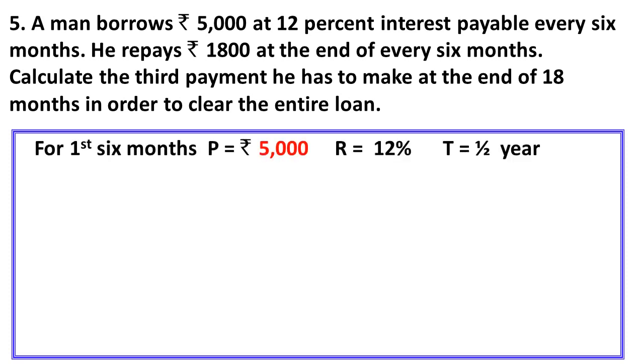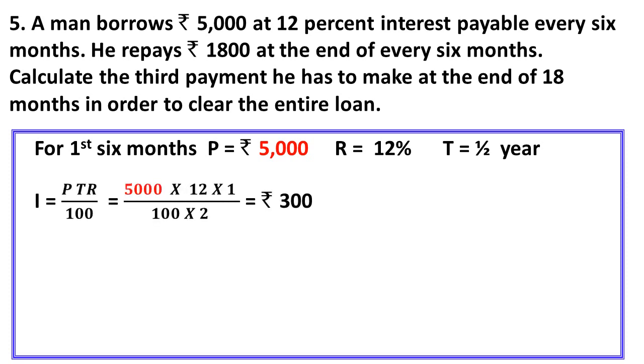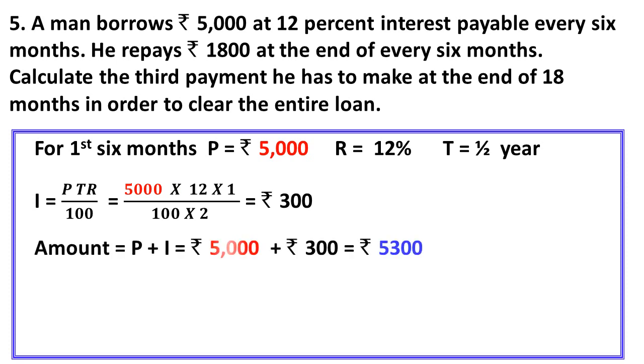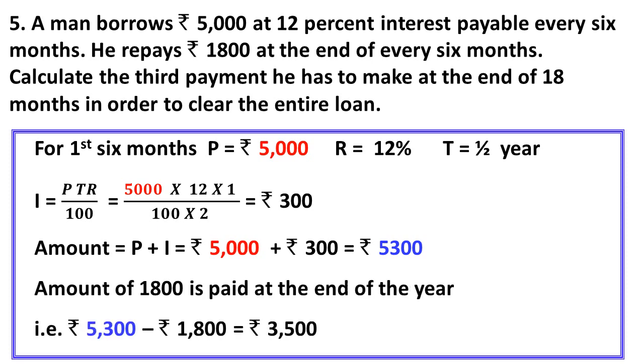Considering the principal as rupees 5,000, rate of interest as 12%, consider the term as half year. The conversion period is not 1 year, it is half year. After calculating the interest for the first 6 months, the amount to be paid at the end of 6 months is rupees 5,300. As he repays rupees 1,800, the balance at the end of the first 6 months is rupees 3,500.